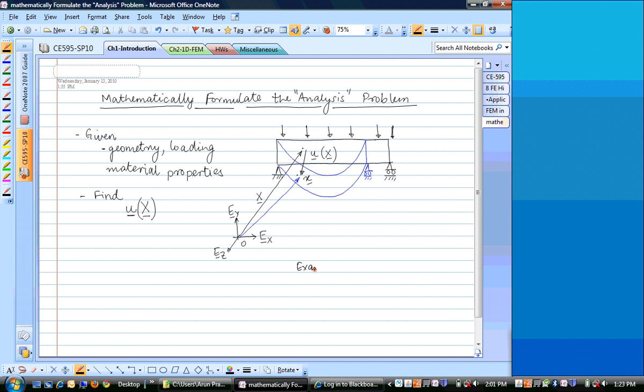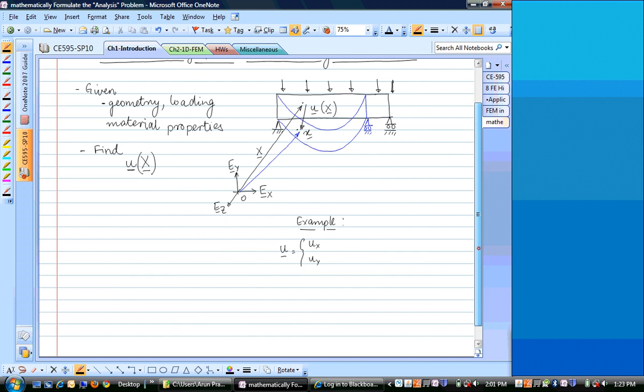Just to give you an example of what this deformation could be, as an aside, let's consider a two-dimensional case, ux, uy. Actually, let me make it three-dimensional since I'm talking about three-dimensional things.